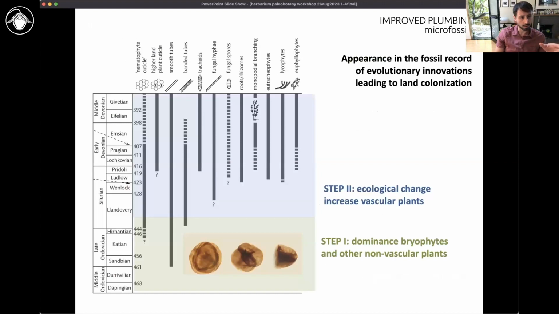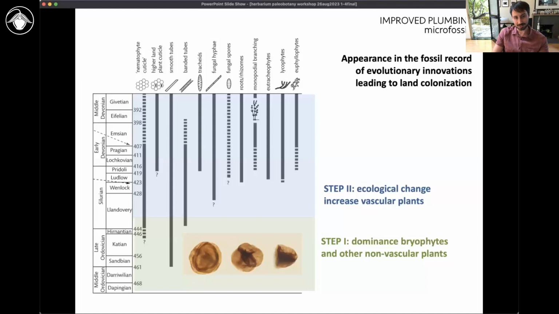So here we have another chart looking at our time. So geologic time, going from the bottom to the top, we're going from older to younger. The Ordovician, the middle Ordovician period, is our earliest land plants. So our first step in the evolution and the invasion of land, as we call it, with plants, is you have a bryophyte domination stage. And this lasts for quite a while.